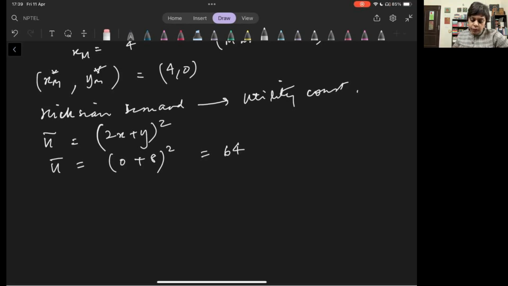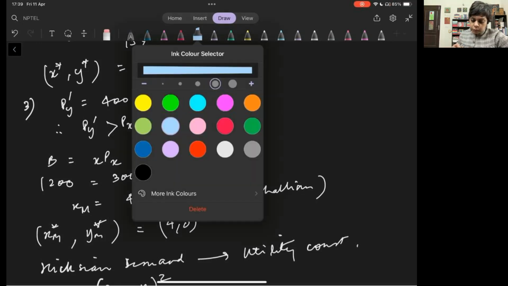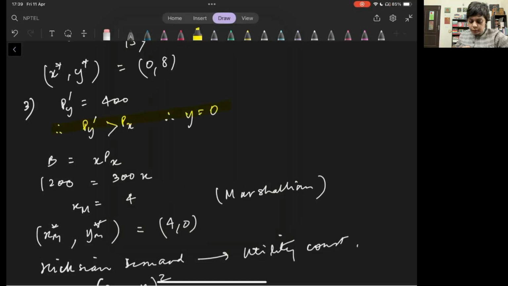This is u bar. This is initial utility. Now in the new setup, after change of prices, we are going to calculate the new value of x given utility is constant, not budget. When we calculated Marshallian demand, we took budget as the same. Now we are going to take utility as constant. The fact that Py is greater than Px, so y is equal to 0 is still going to hold, because that is just what happens in perfect substitutes.